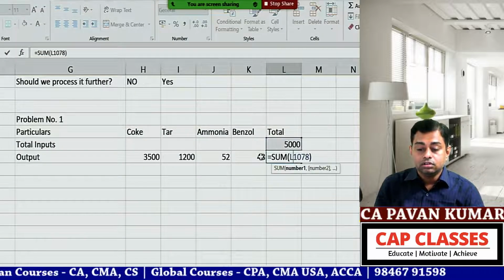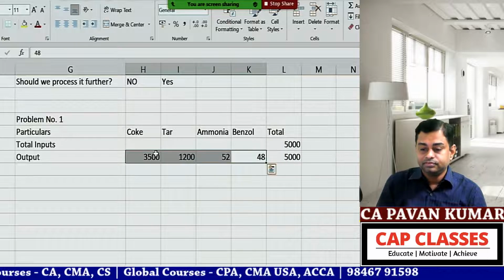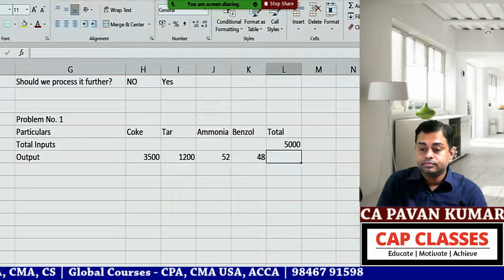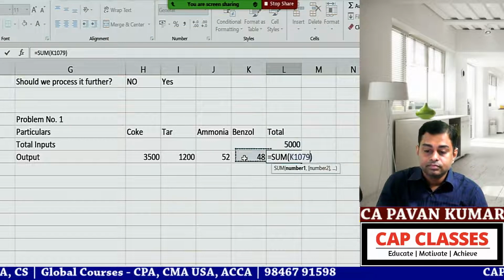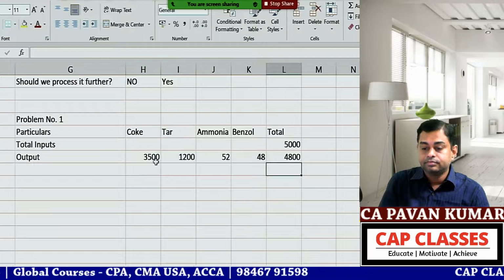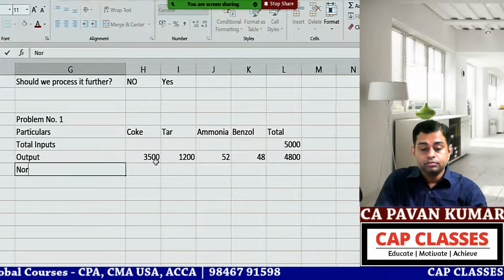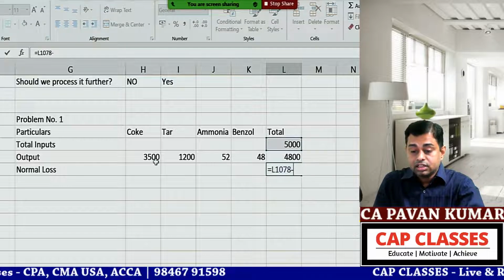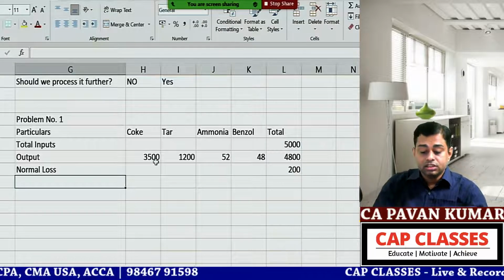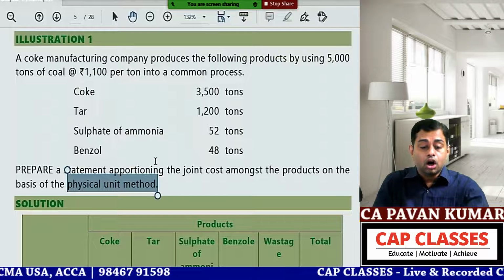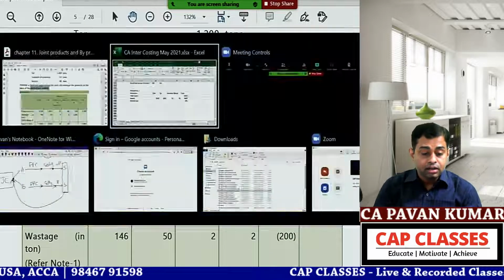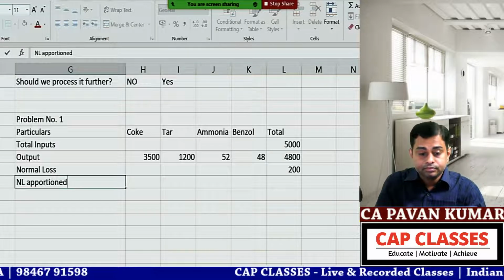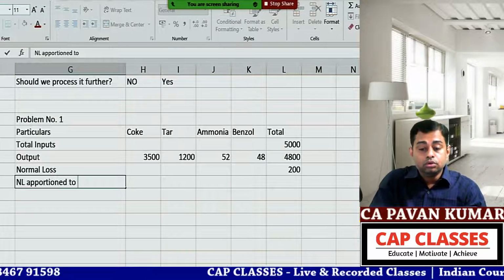You have to add this. 4,800. So normal loss is equal to this minus this. You understand up to this? So the normal loss should be apportioned to joint products.